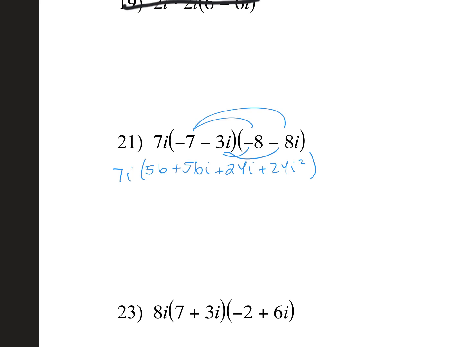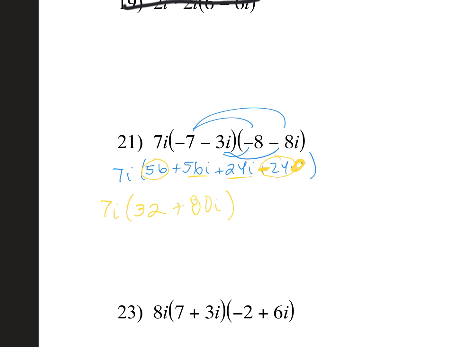What do I do with that i squared? Cross it off, make it a minus. Now real with real. What's 56 minus 24? How much? 32. What's 56i plus 24i? 80. Okay, so plus 80i.